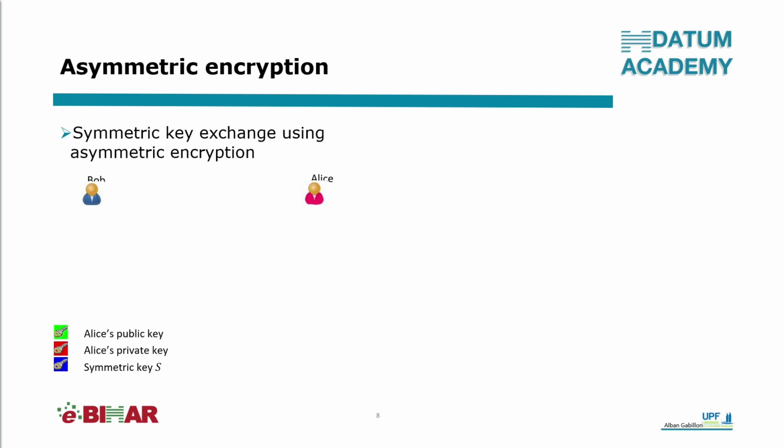On this slide, I will show you through an animation that we can define a symmetric key exchange protocol by using asymmetric encryption. Bob and Alice need to share a secret key for symmetric encryption. They can use the Diffie-Hellman protocol for generating the secret key, but alternatively, they can also proceed as follows. Bob randomly generates a secret symmetric key.